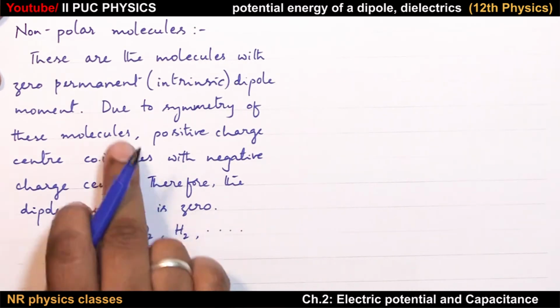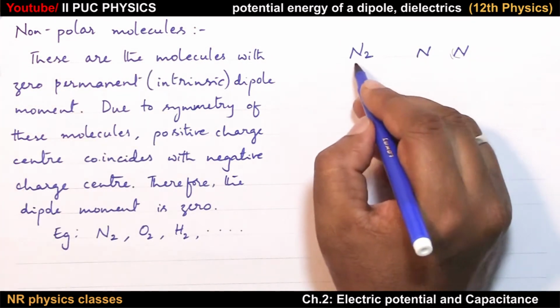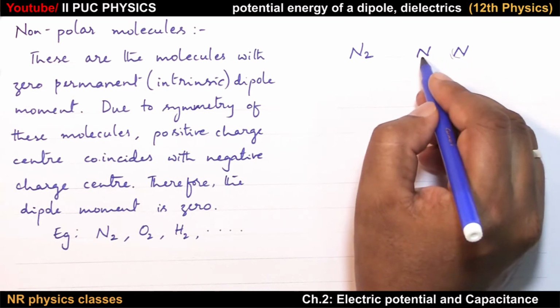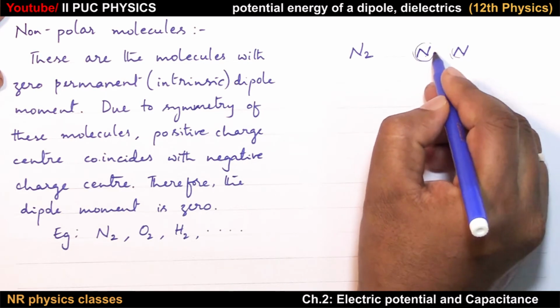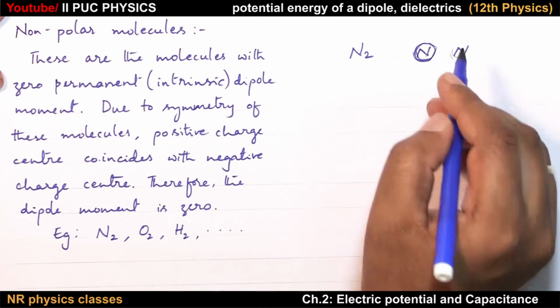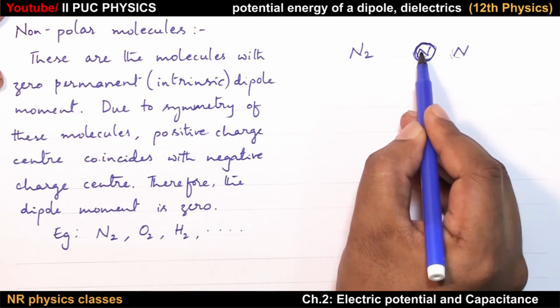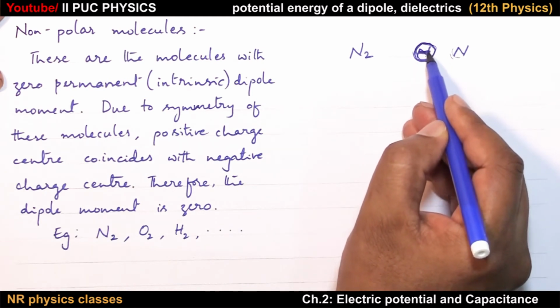Now let us see what happens in the case of non-polar molecules. Consider N2, this is N and this is N. In the case of nitrogen, there is an electron cloud with the nucleus at the center. This electron cloud has its negative charge center at the center and the nucleus gives the positive charge center.